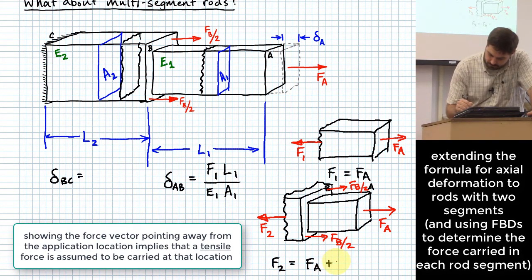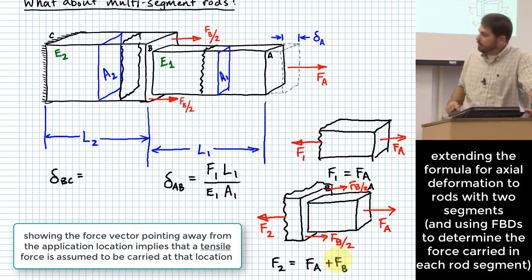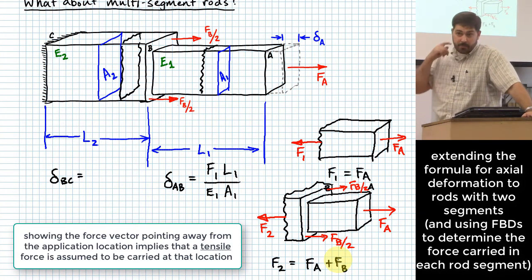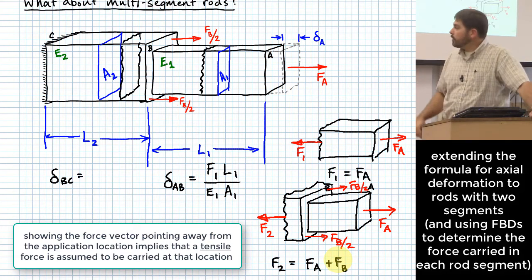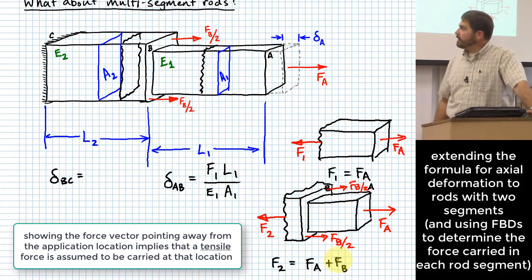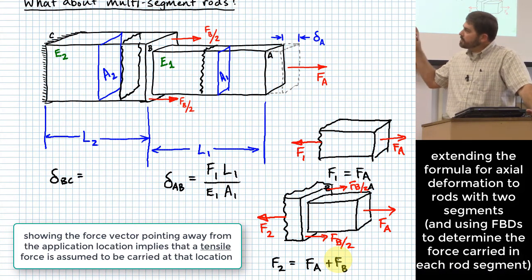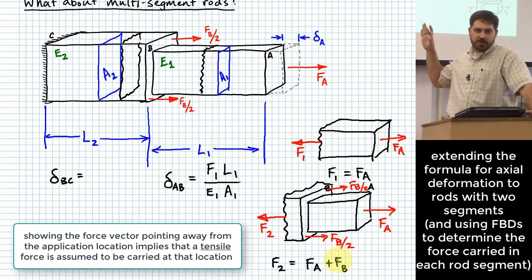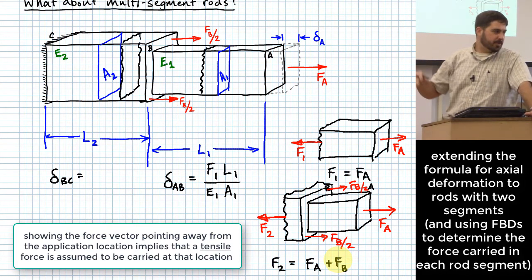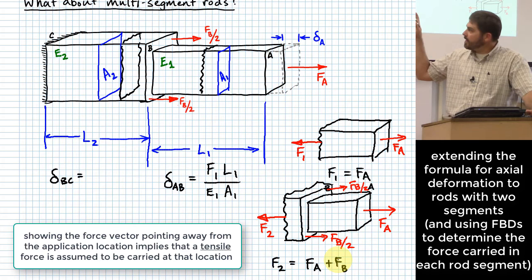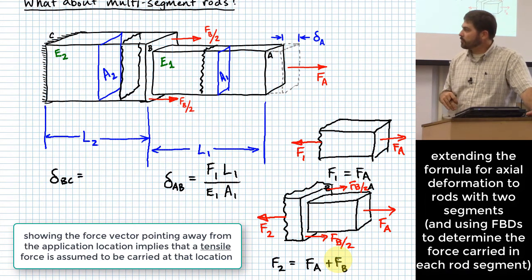It's the sum of those two values. Or another way of thinking of it is it's the amount of force that has accumulated as we've moved through the rod, right? So we started with an FA, and then we added another force of FB, and so now that's how much force we have for F2, okay?